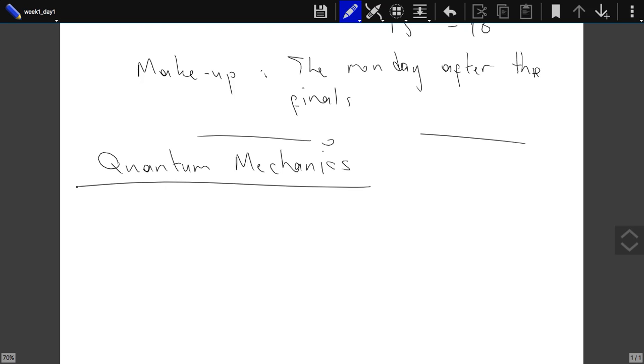So there are many observational facts. We had classical mechanics, and we had many observations that just didn't match with it. We couldn't explain them using classical mechanics. One of them was the Stern-Gerlach experiment.